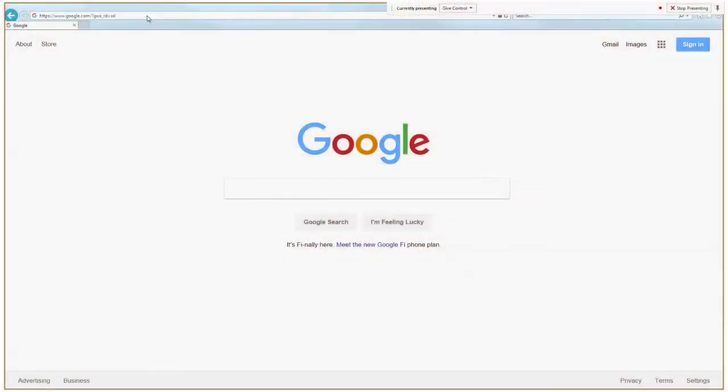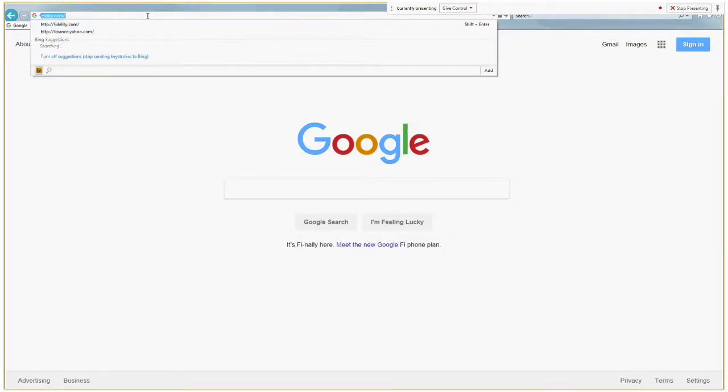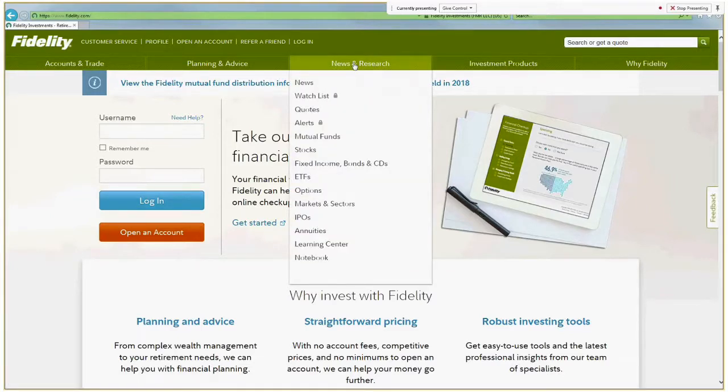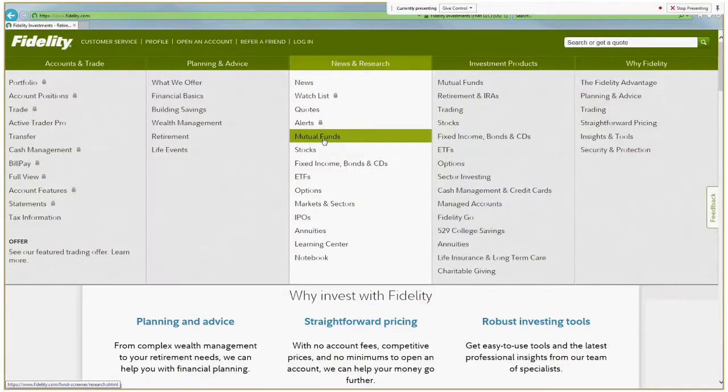Okay, so the first thing we'll want to do to access the Fidelity mutual fund screener is just go to Fidelity's website. Once you're here, you'll go under News and Research, and then select mutual funds.